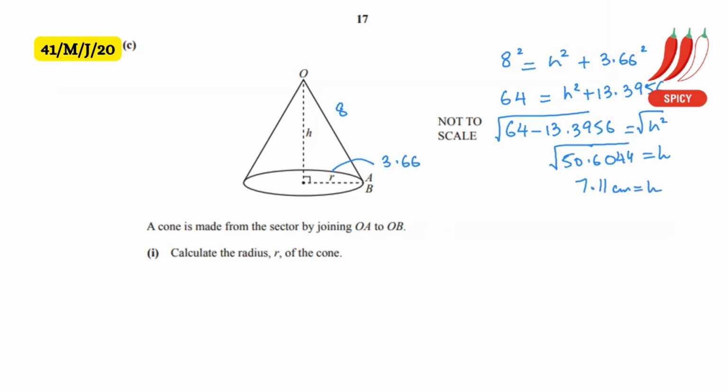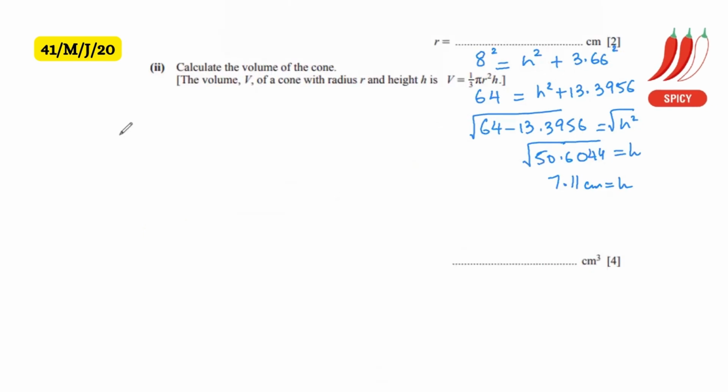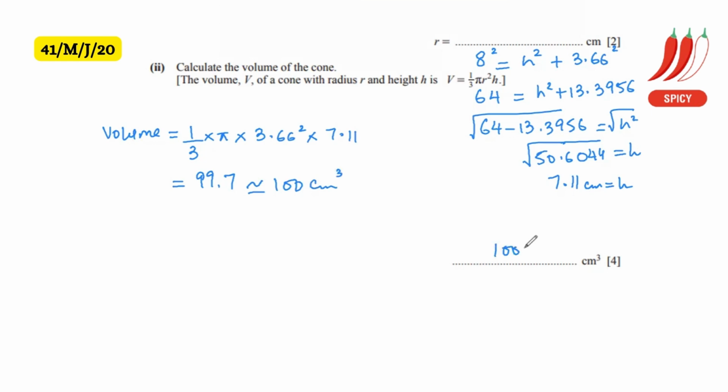So for the volume, it would be 1/3 times pi times 3.66 squared times 7.11, which is going to give us 99.7, which we can round to 100 centimeters cubed as well. That is your volume of the cone.